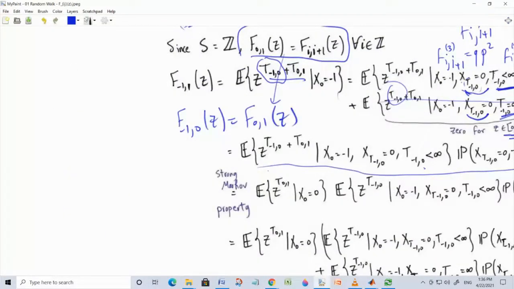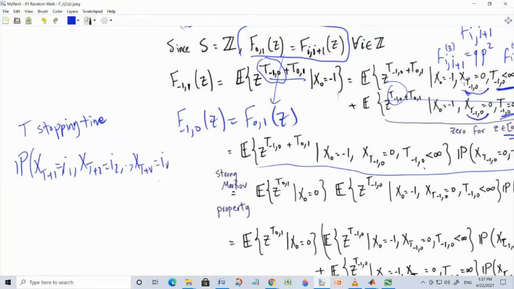So, as a reminder, the strong Markov property tells you that if t is a stopping time with respect to the Markov chain, the probability that x of t plus 1 is equal to I1, x of t plus 2 is equal to I2, up to x of t plus v is equal to iv, where v is some finite number, and h, which is an event that is specified in terms of x of 0 up to x of t minus 1.